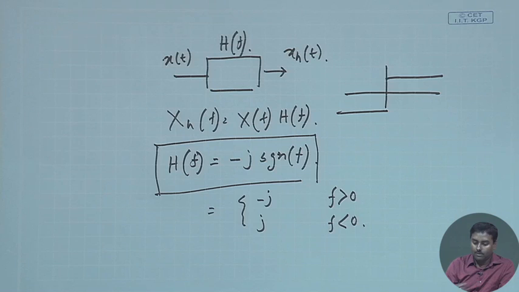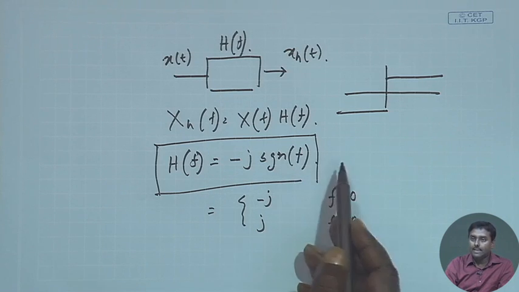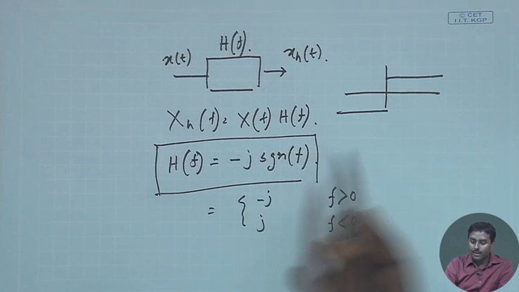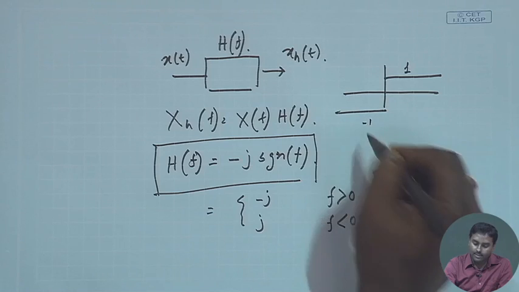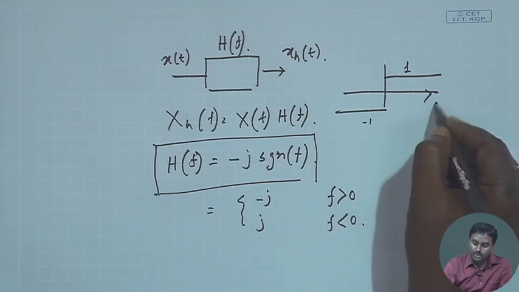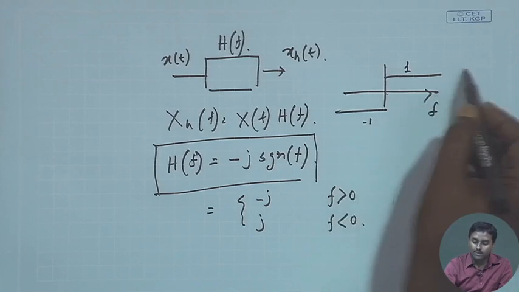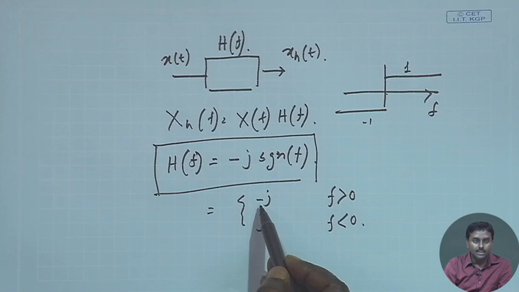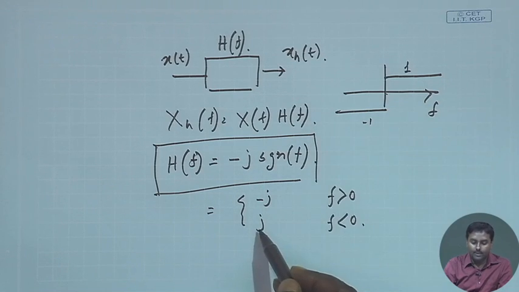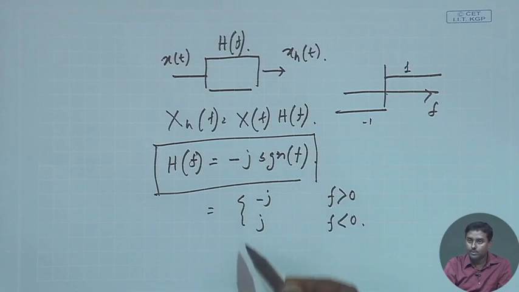Whenever f is greater than 0, signum is plus 1, and when f is negative it is minus 1, we have already defined that. So whenever f is positive, it must be minus j, and whenever f is negative, it is minus j into minus 1, which is plus j.